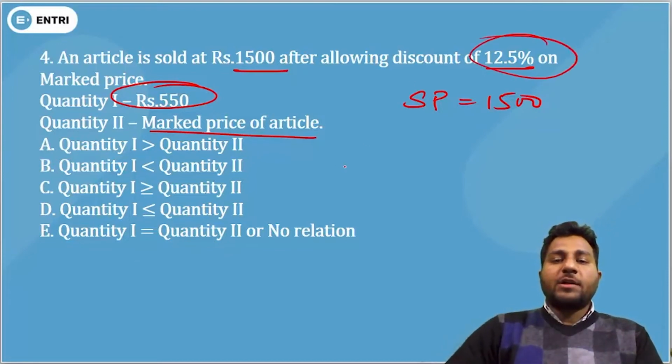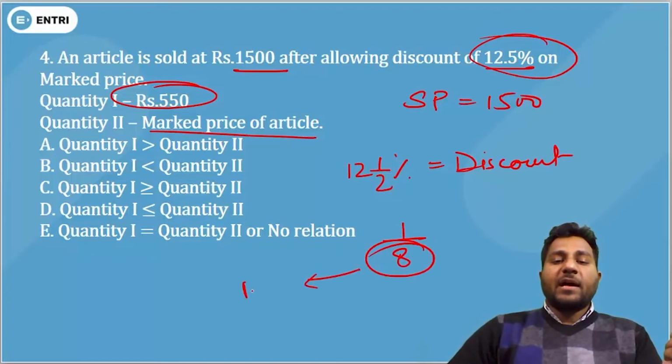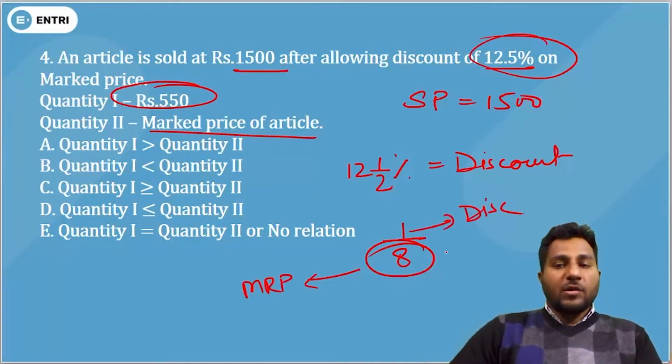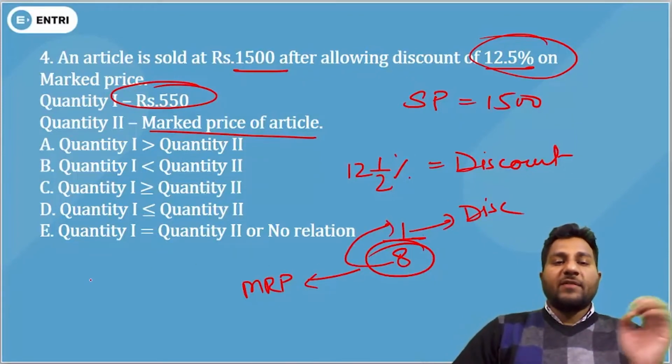First you have got 12.5% discount. That means 1 by 8. So 8 is MRP and 1 is discount, which means your selling price must have been 7 units.